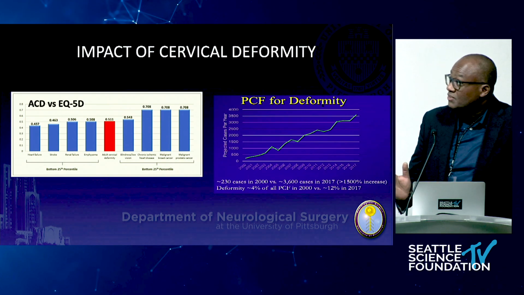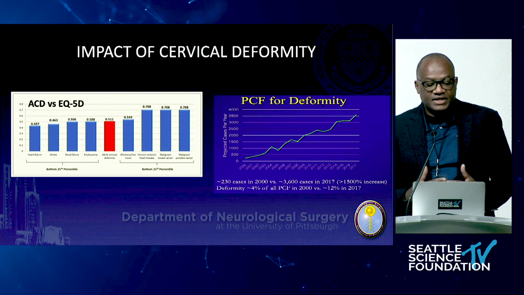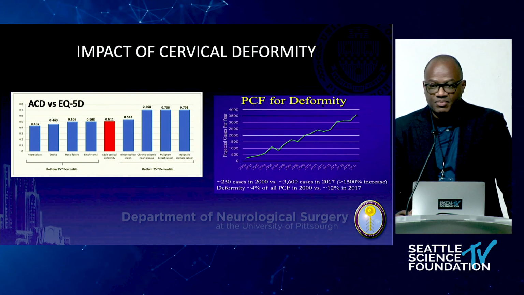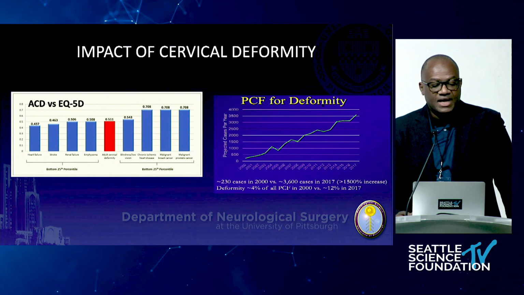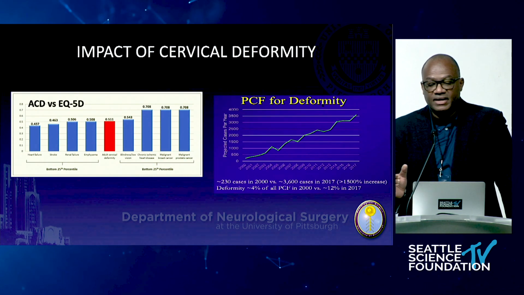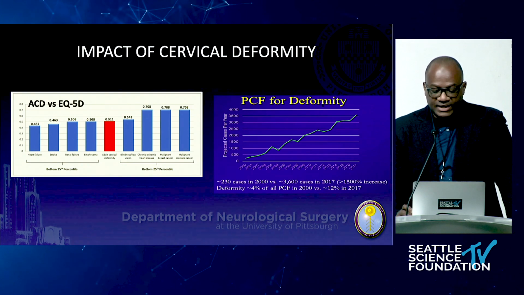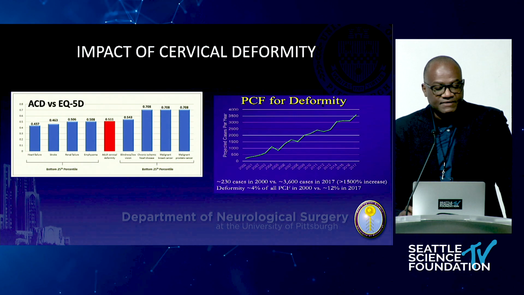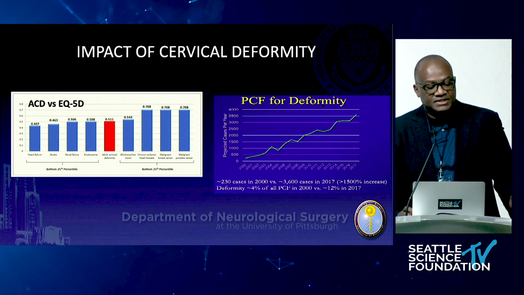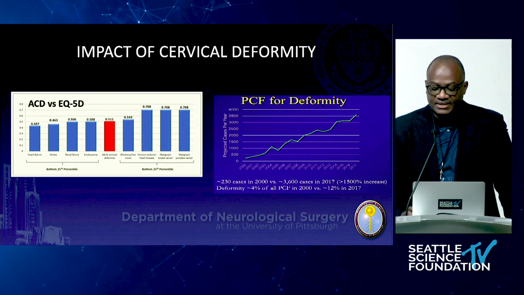If you look at somebody with significant cervical kyphotic malalignment or cervical thoracic deformity, and you look at their disability and health-related issues on a daily basis, it's as if they live right in between somebody who's dealing with chronic emphysema and significant blindness. That's how it impacts their daily life.